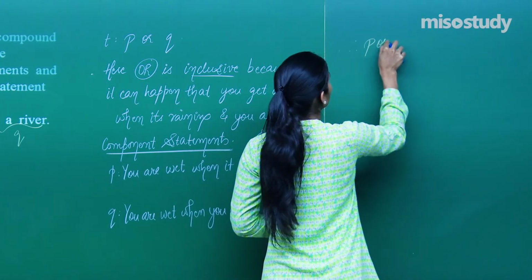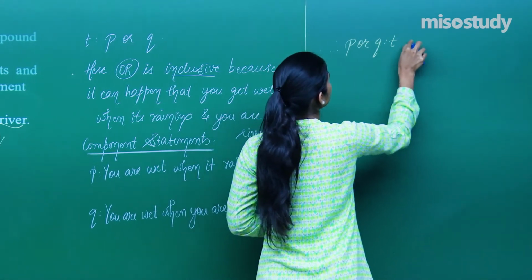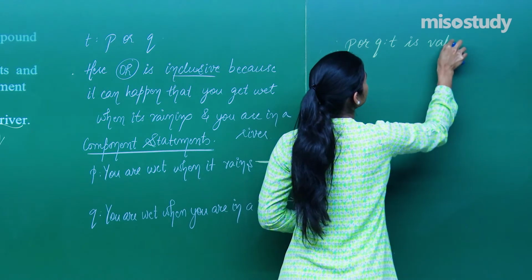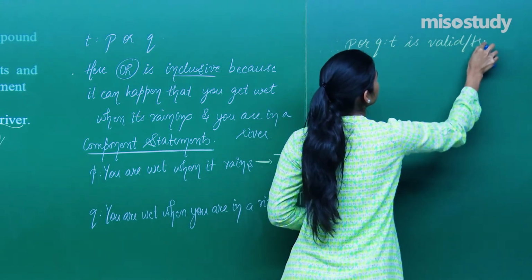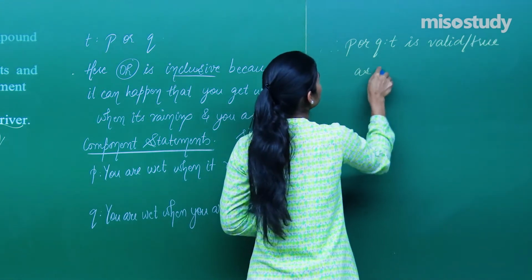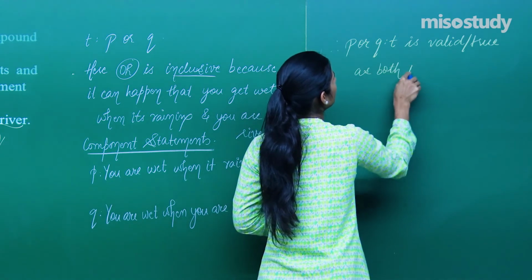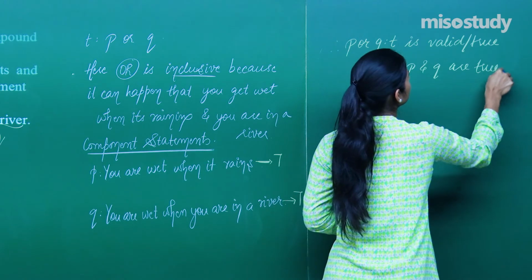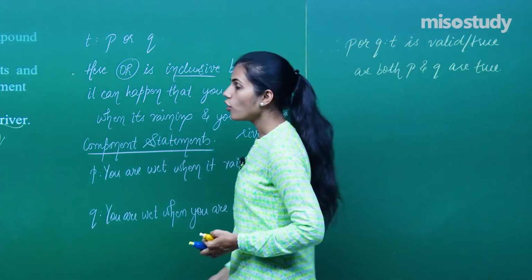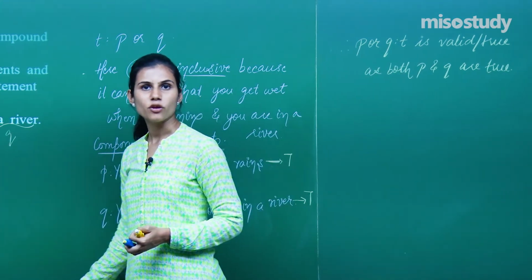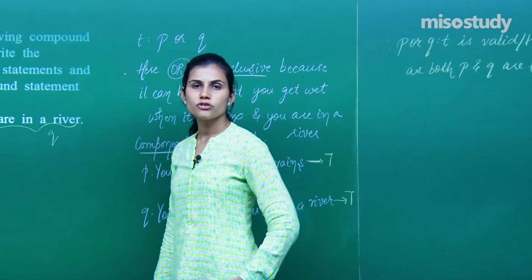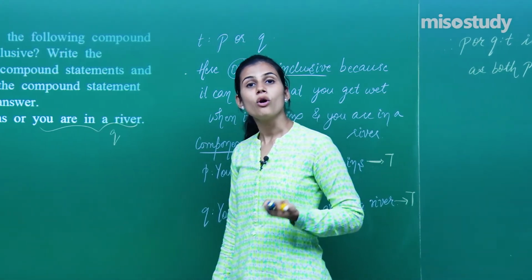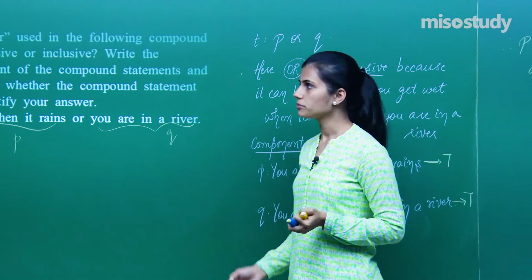Therefore, P or Q, which is my statement T, is valid, or you can say true, as both P and Q are true. And P or Q statement is false only and only when both P and Q are false. If P is true, Q is not true, or Q is true, P is not true, or both are true, then P or Q is true.